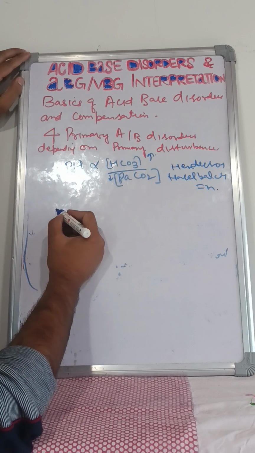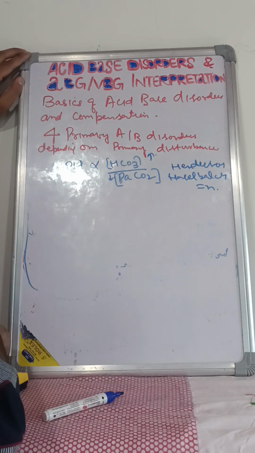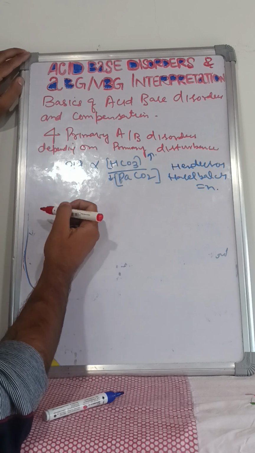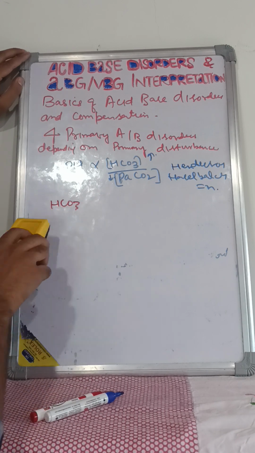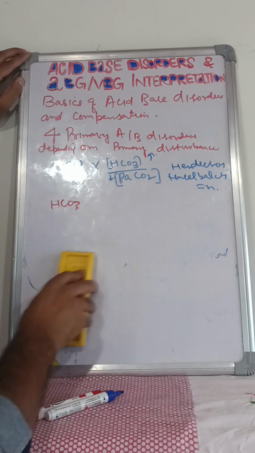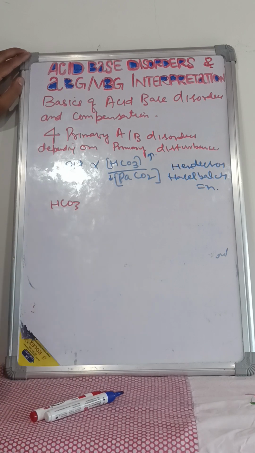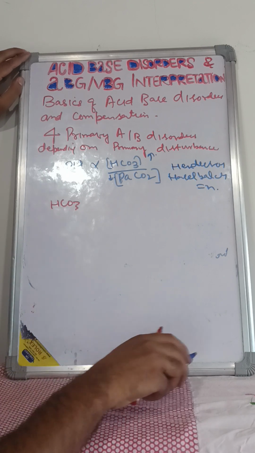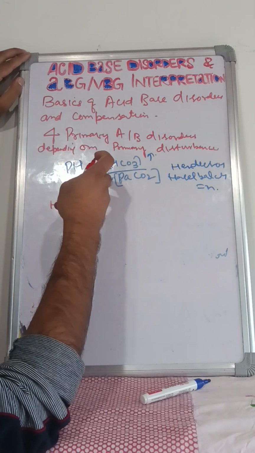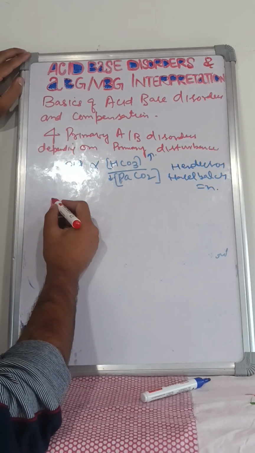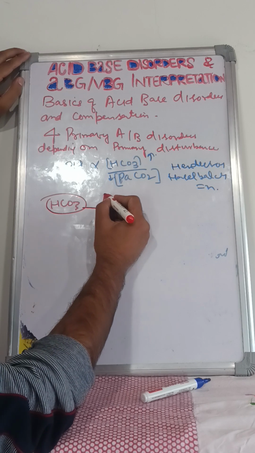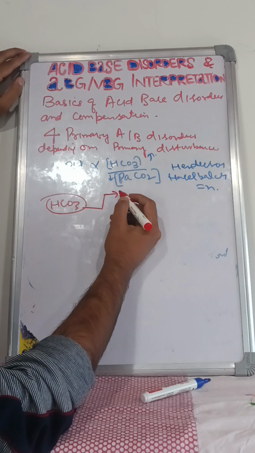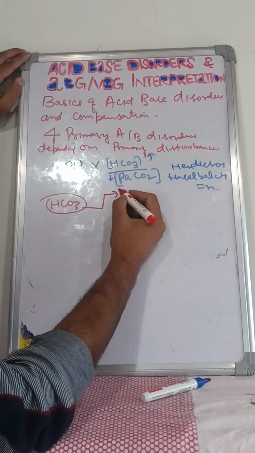Now, if the primary disturbance occurs in bicarbonate, HCO3, you recall that when you think of metabolic, it is bicarbonate. Bicarbonate gives two primary disorders.